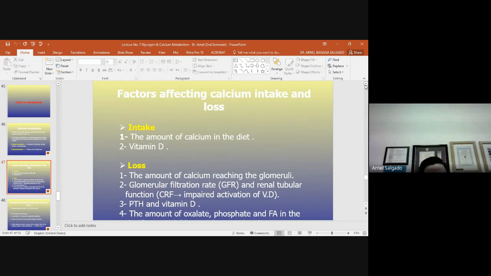Intake. So the amount of calcium in the diet, of course. You know for a fact that calcium can be found in the diet. Some of it can be found in bananas, all right? And other than that, of course, the intake of vitamin D. Now, most people, especially those who are getting old, do have some problems with vitamin D, leading to bone problems, like me.